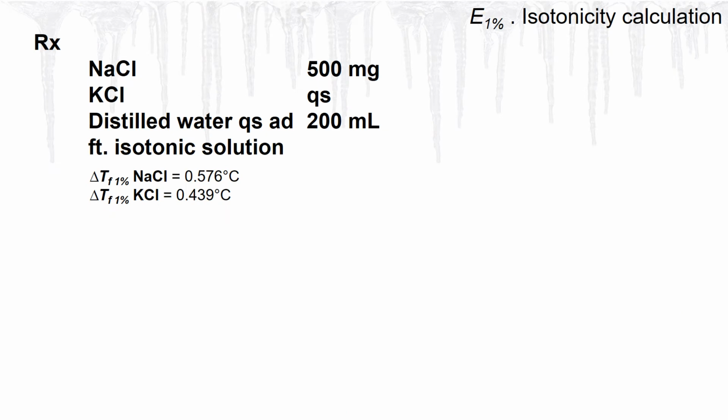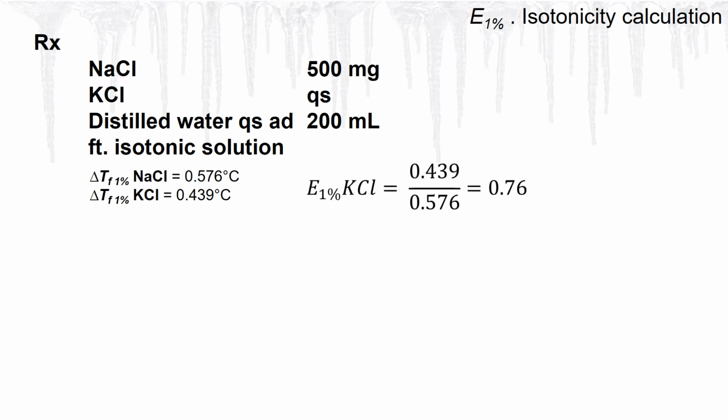Let's look at this example. You have sodium chloride available in the system and you need to use potassium chloride to adjust the system. First, we need to find out the E 1% for each of the ingredients. For sodium chloride, of course, it will be 1 because it's compared to itself, so we will not calculate that.